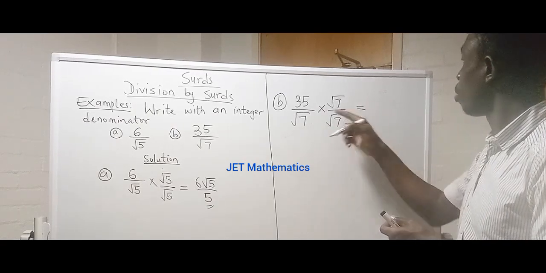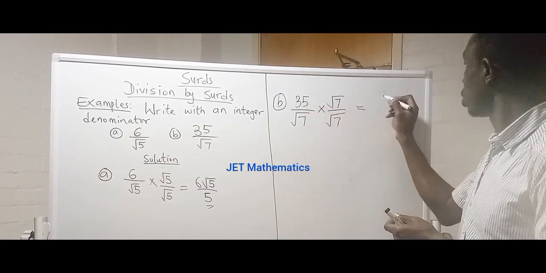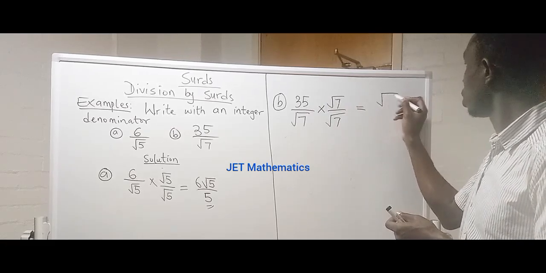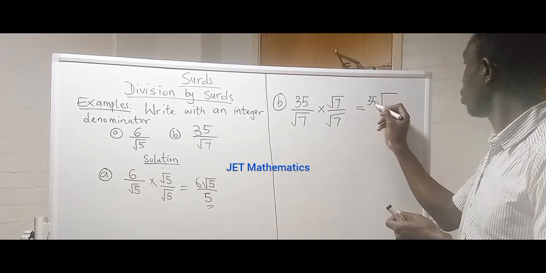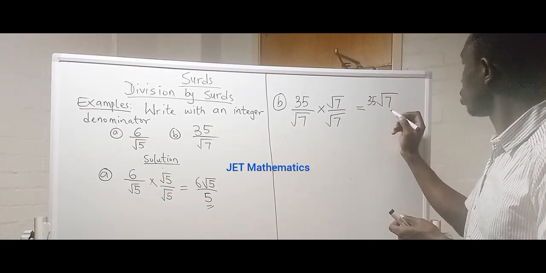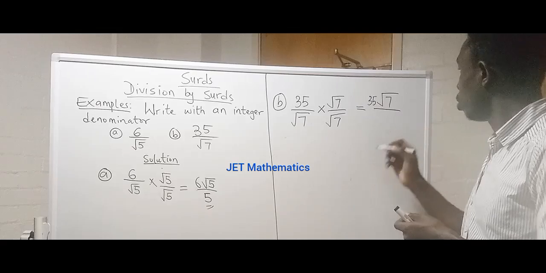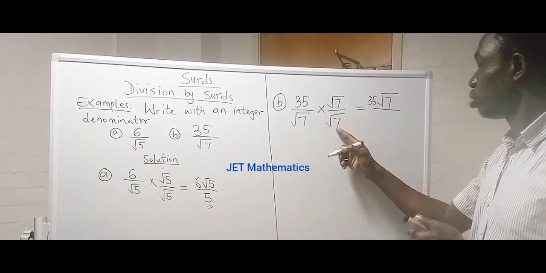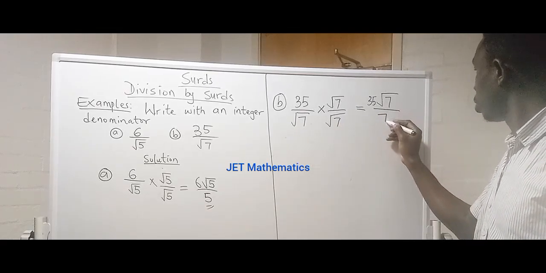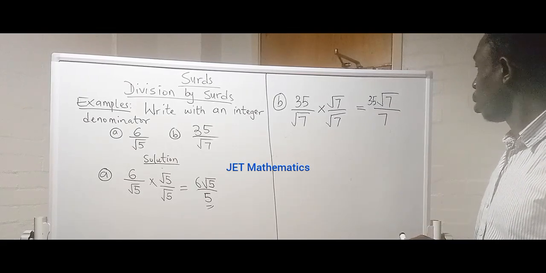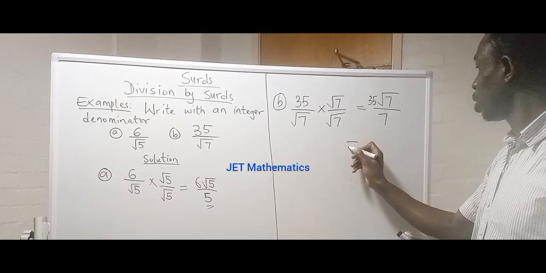So here we have 35 times root 7 is 35 root 7 over root 7 times root 7, as we have established before, is 7. Alright? But we can further reduce this.